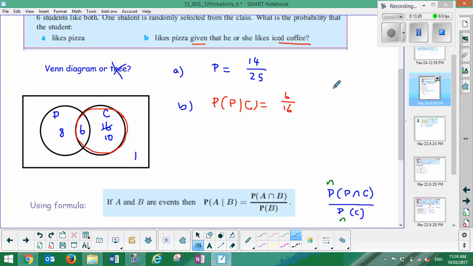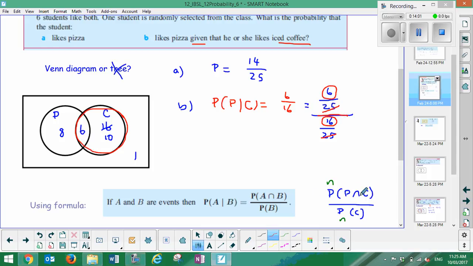It's 6 out of 25, because there are 25 people in this class, divided by the probability of someone liking coffee, which is 16 out of 25. So whether you use the probabilities or the numbers, it's the same, because 6 over 25 divided by 16 over 25, if you know your fractions, you know you can cancel the 25s, and you're left with 6 divided by the 16.